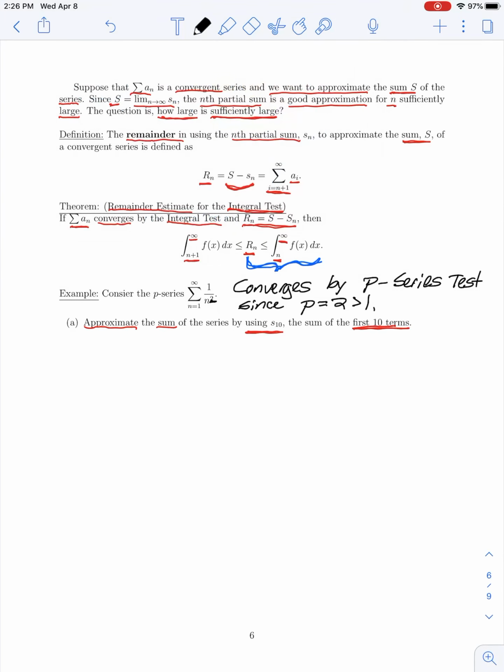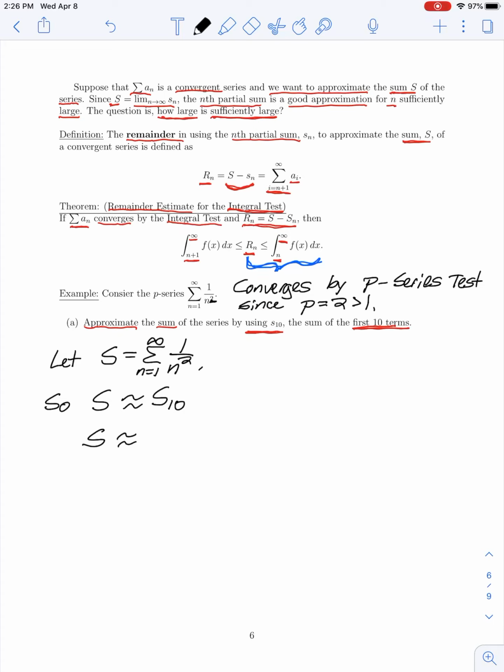So here, let's denote by capital S the sum of this series from 1 to infinity of 1 over n squared. To approximate S, I could use the 10th partial sum, S sub 10, which would be the sum of the first 10 terms. So let's write them out here.